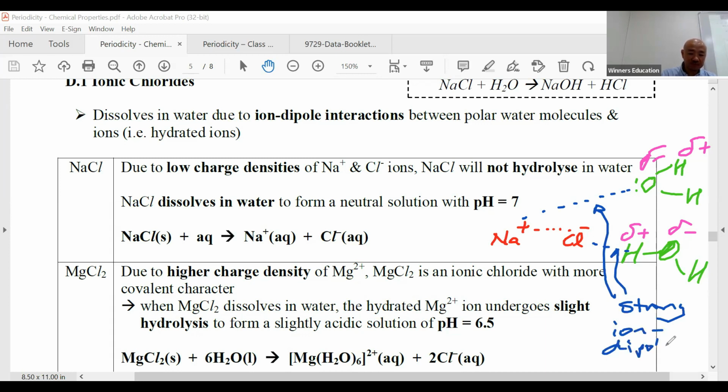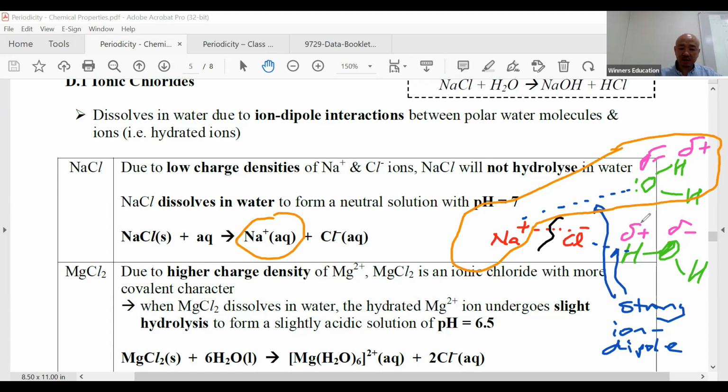Stronger than the electrostatic force of attraction, and therefore it overcomes it. And if you look at it, this is what we call a hydrated ion. All this was since secondary 3. So, ladies and gentlemen, hydrated ion sodium, hydrated ion chloride.